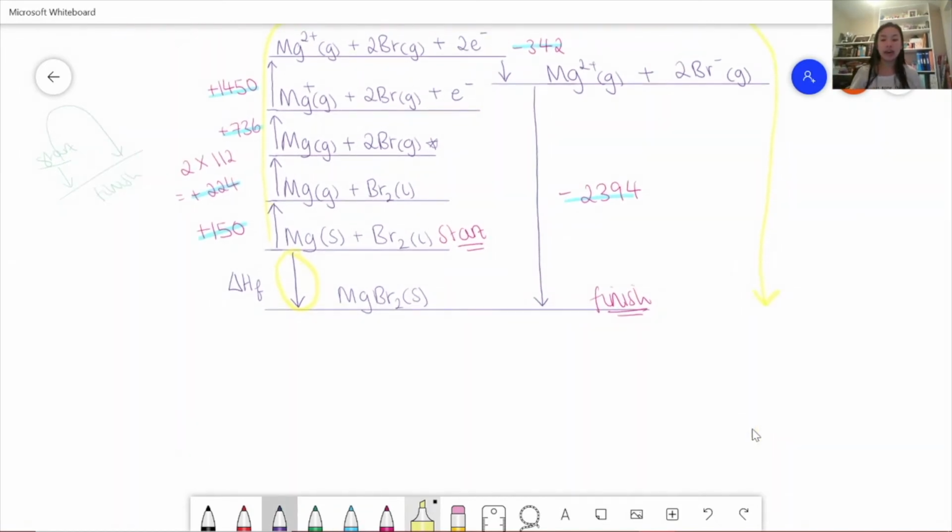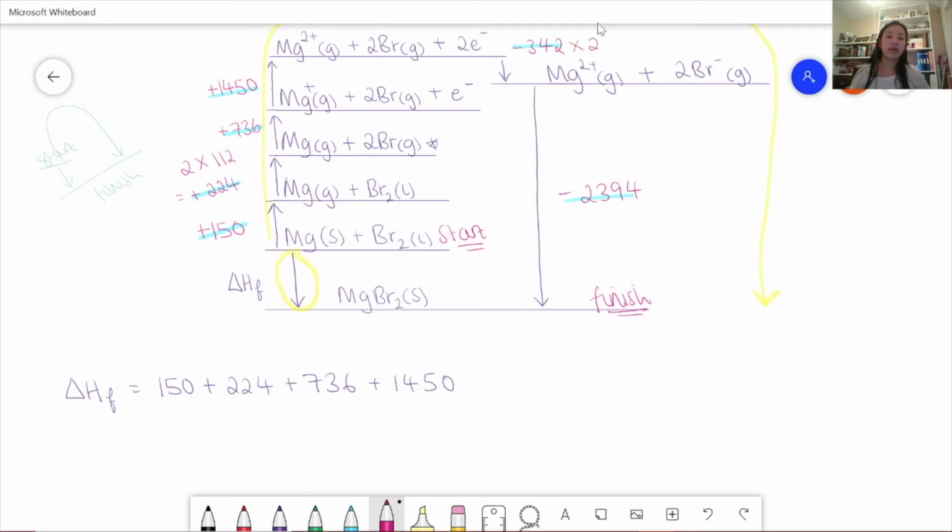So what we get is delta H of formation is equal to 150 plus 224 plus 736 plus 1,450. That's supposed to be minus 2 because we used 2 electron affinities of bromine, sorry.